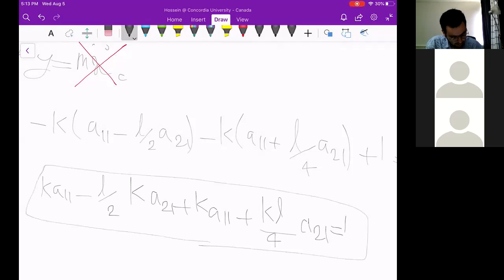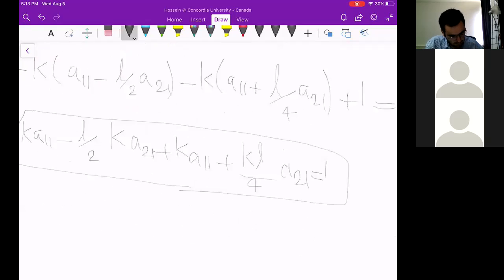So you could further simplify this, and therefore you would reach this equation: 2K A11 minus L over 4 K A21 is equal to 1.